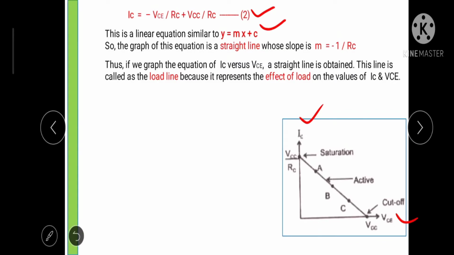Here the cutoff point is shown on the VCE axis, the saturation point is shown on the current axis IC, and if we join these two points, we get a straight line, and that straight line is called the load line.